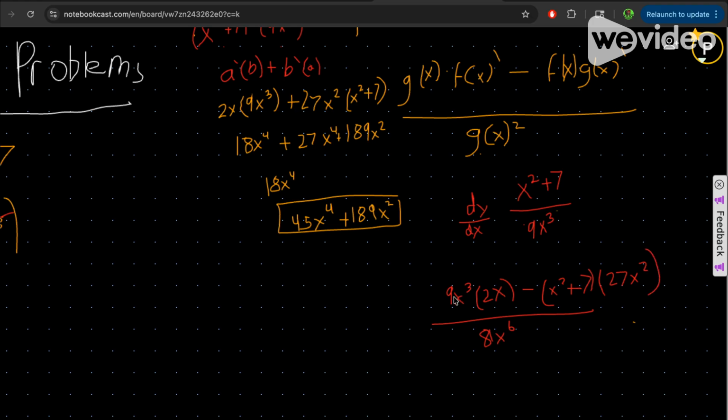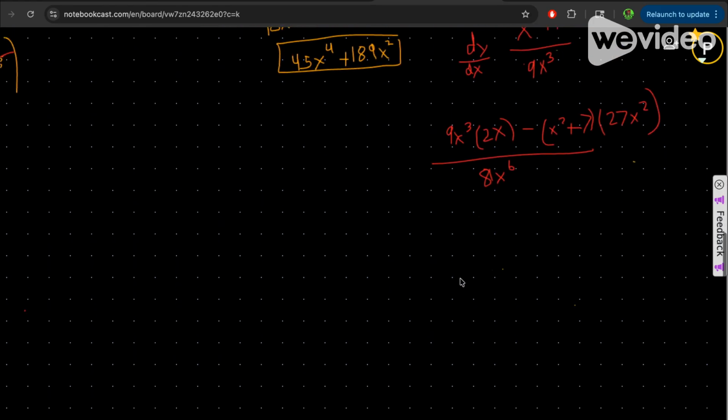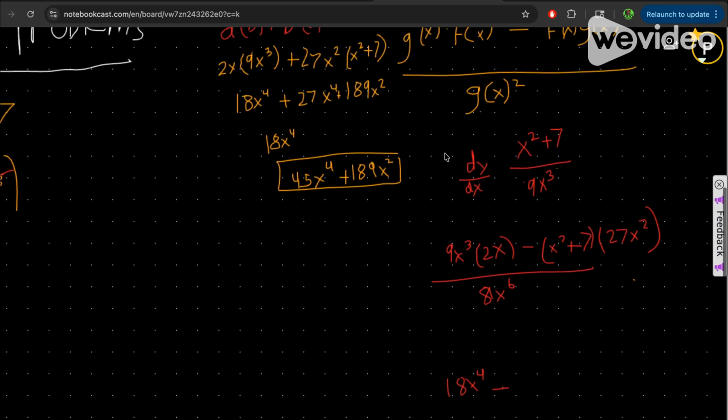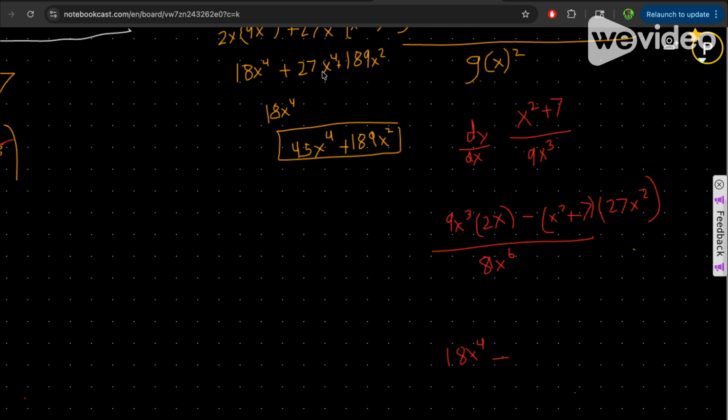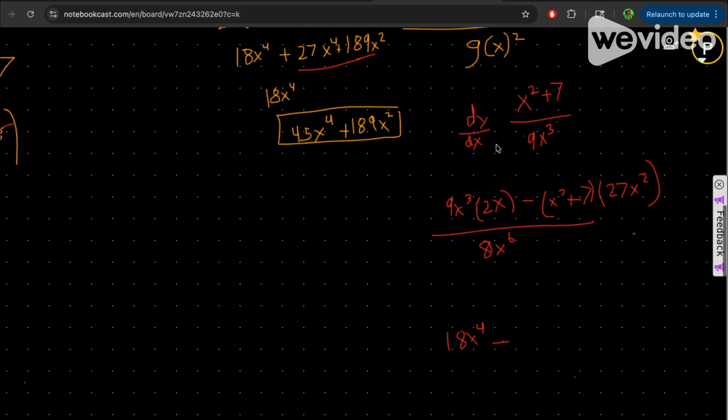We've already covered 9x cubed times 2x is 18x to the 4th, from the previous problem. Minus, and we've already covered this, 27x to the 4th plus 189x squared. That's why we've been using x squared plus 7 over 9x cubed, just for simplicity's sake.